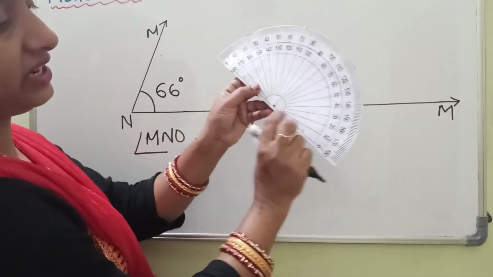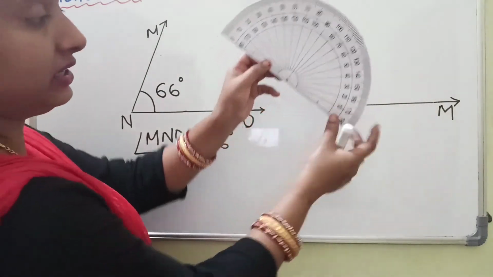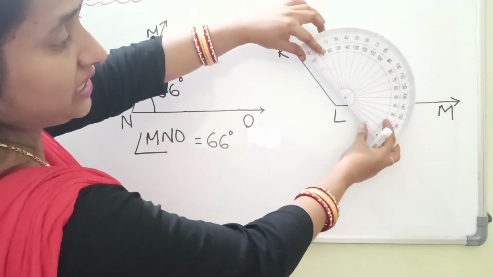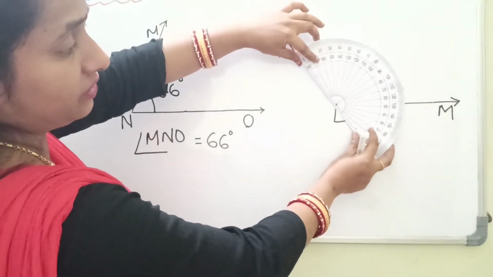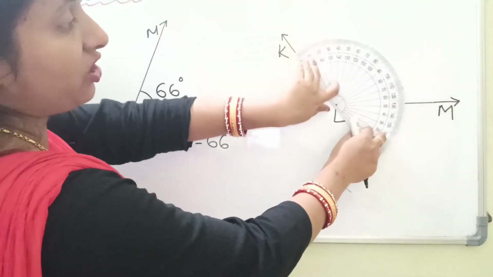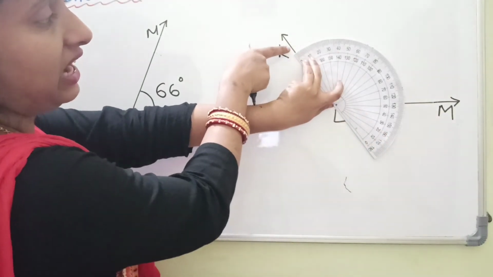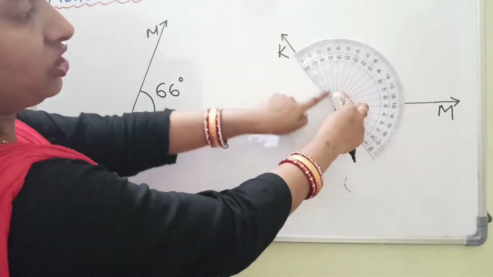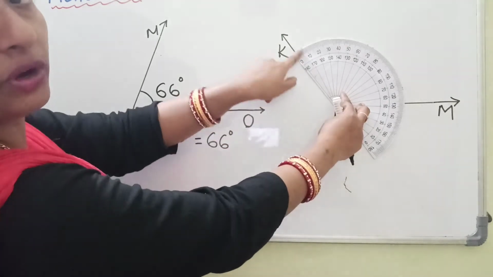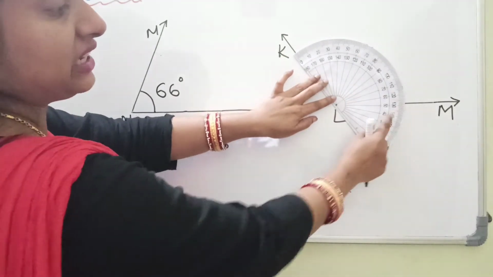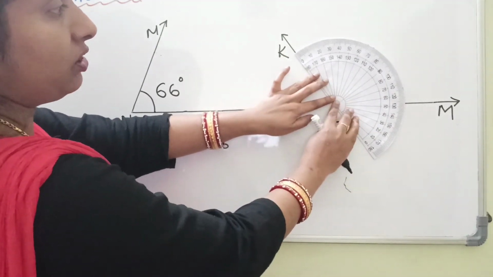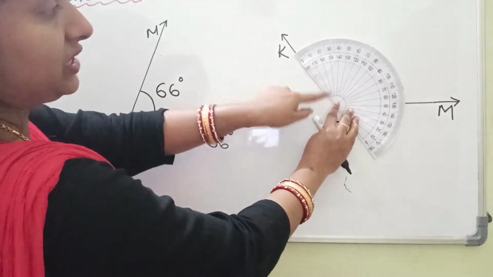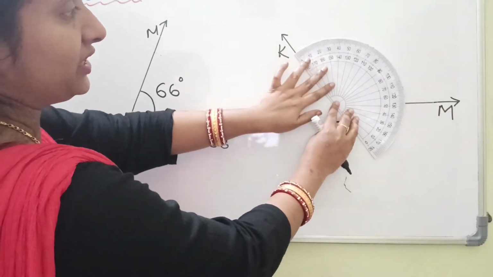This is the protractor and this is the center of the protractor. I am trying to keep the center of the protractor here. Now one of the arm, here is the arm that is along the base of the protractor. The other arm is not along the base. So whichever arm is along the base of the protractor, you try to adjust it.